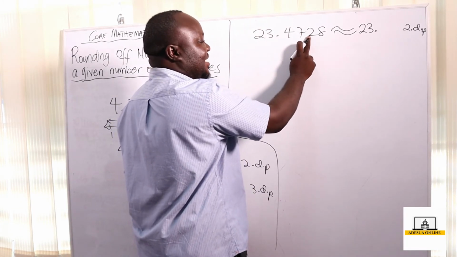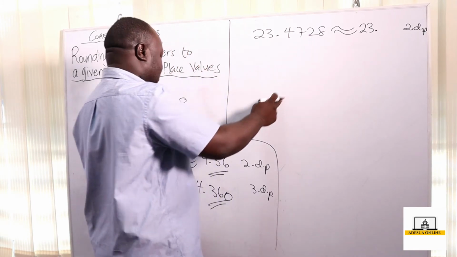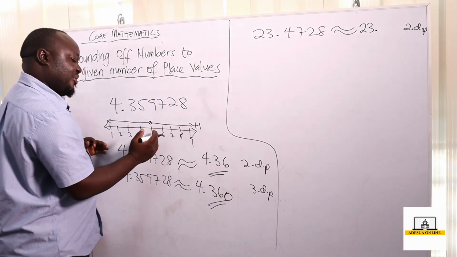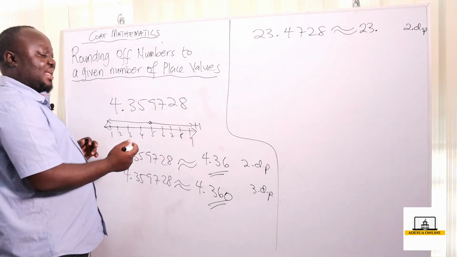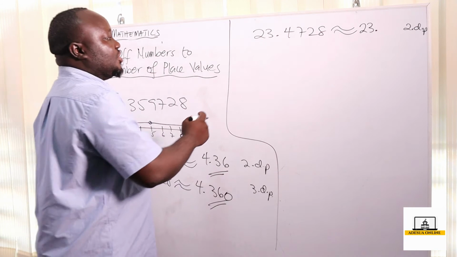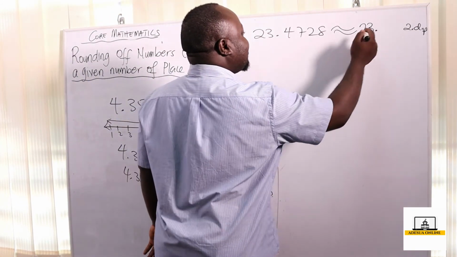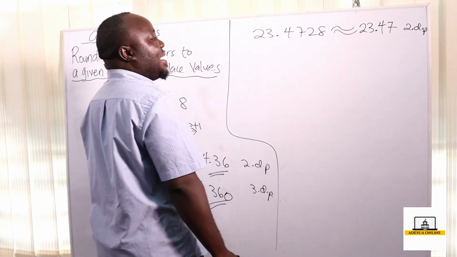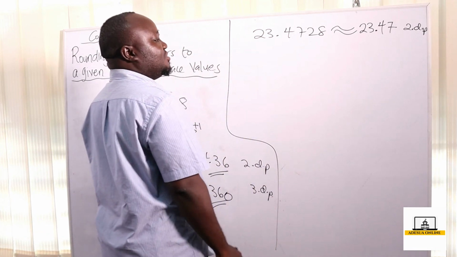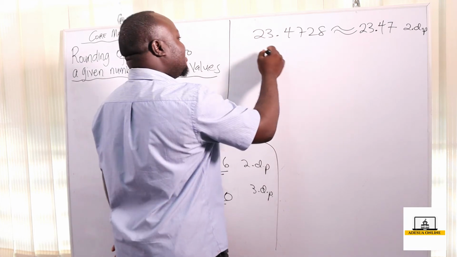Now, in this case, this 2, is it greater than 5? No, it's less. So this is closer to 0. So we still don't add anything to it. It becomes 23.47.